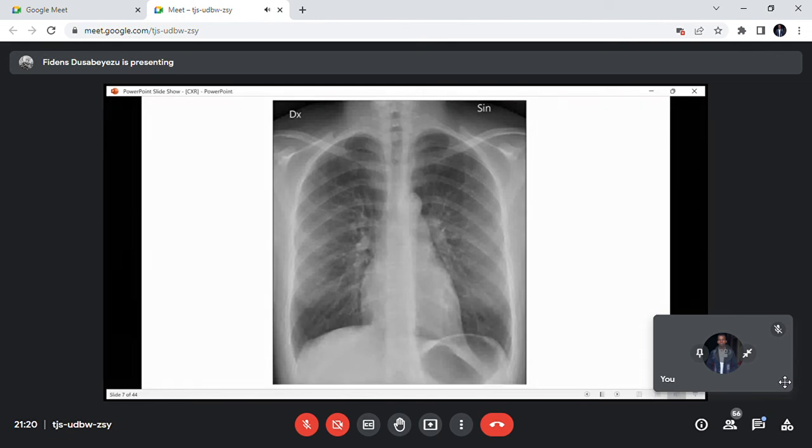It's where 3 things pass: vessels, veins and arteries, the lymphatic system, and even bronchi.